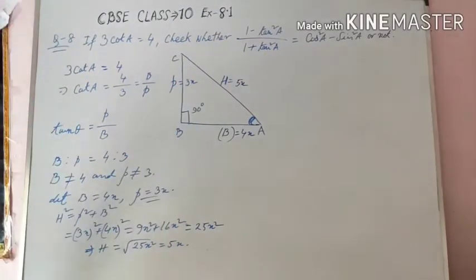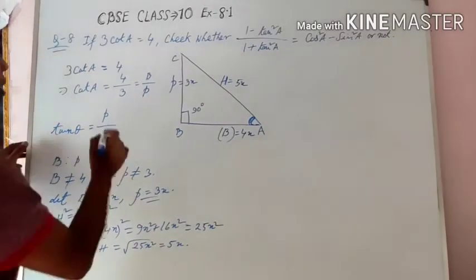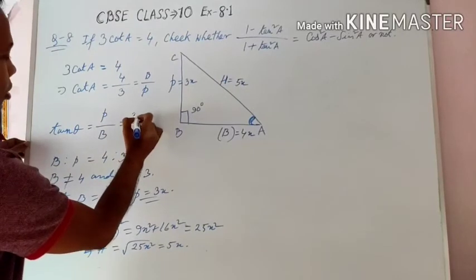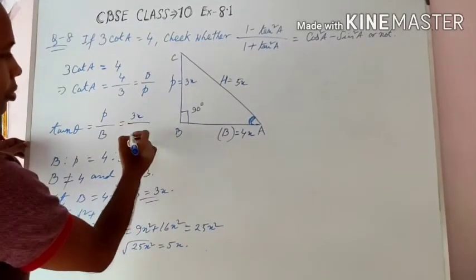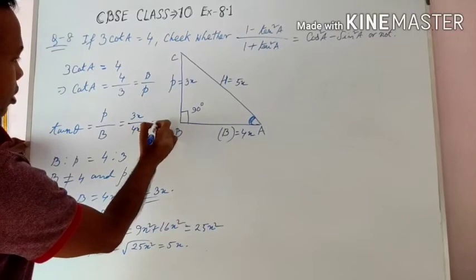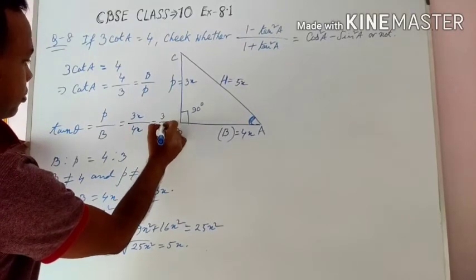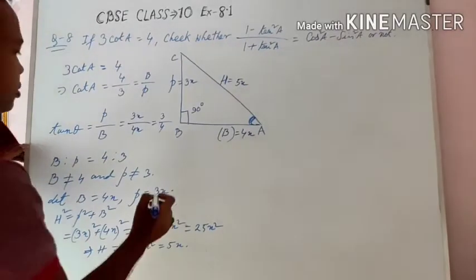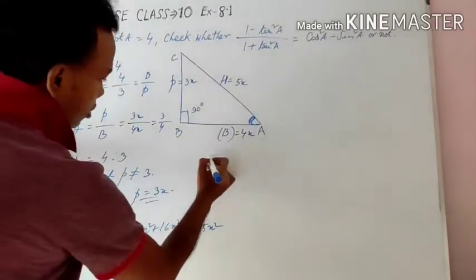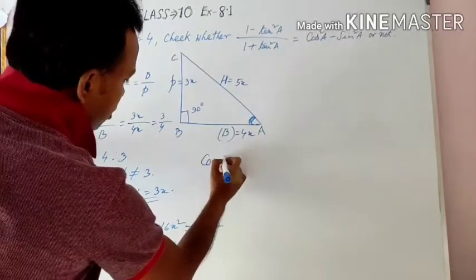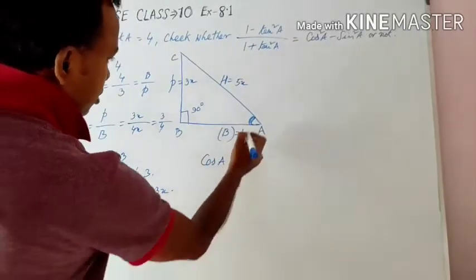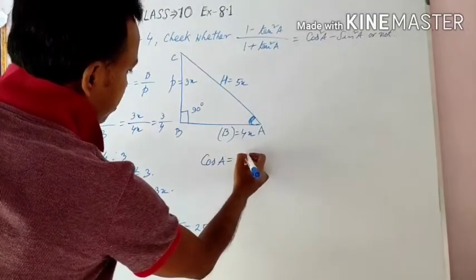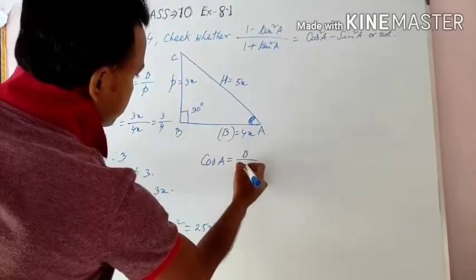Now we find out what is tan theta. Tan theta is equal to perpendicular by base. The value of perpendicular is 3x, the value of base is 4x. That is 3/4. Similarly, the value of cos theta, where theta is equal to A, this is your angle A. Cos is equal to base by hypotenuse.